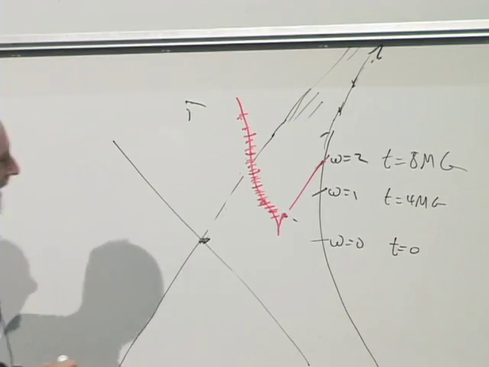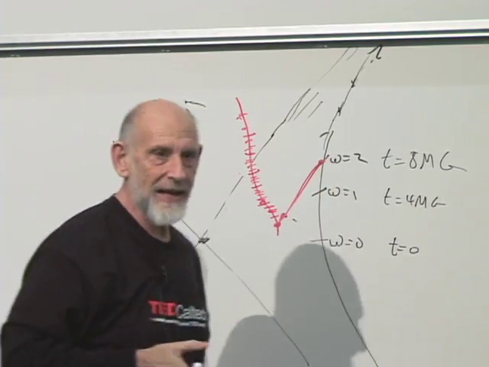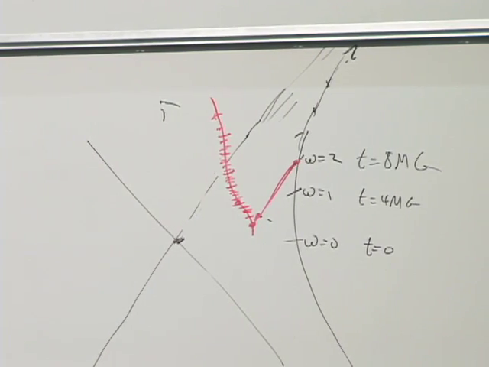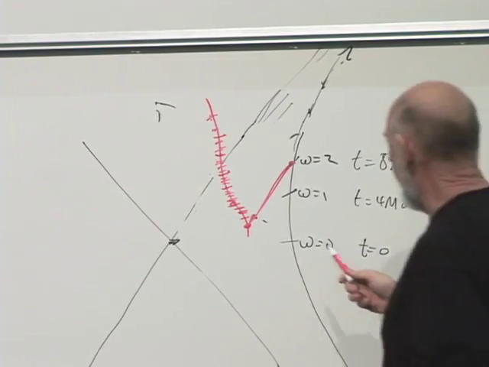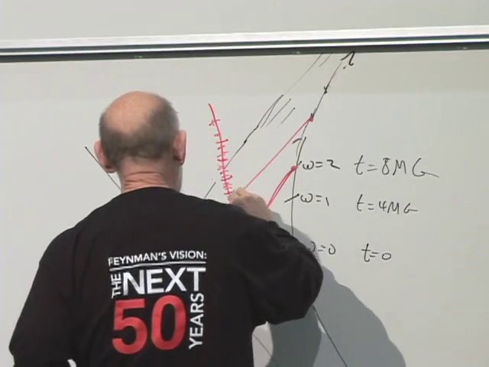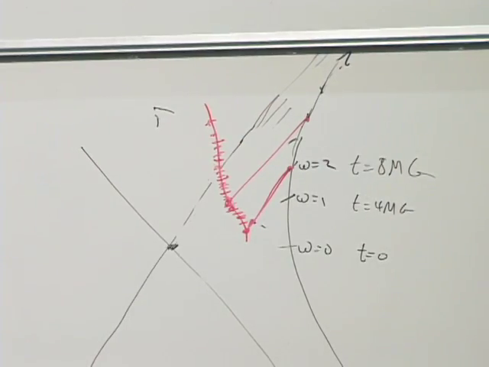Bob is looking back, and from this point, he sees Alice over here. We all see each other slightly in the past. It takes light time to get to us. So Bob sees Alice over here. Next, after another interval of time, he sees Alice over here. She's waved a certain number of times.